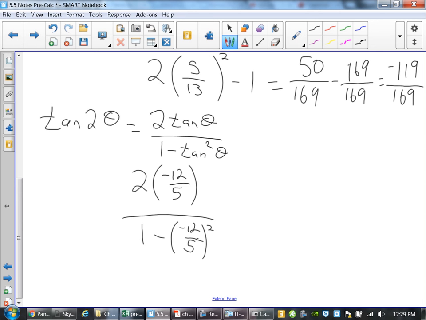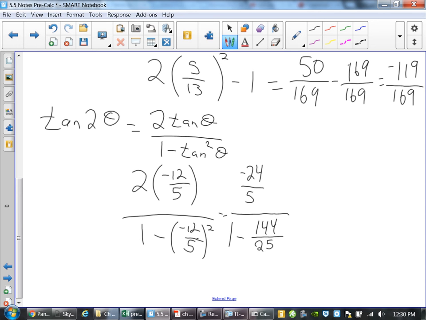All right, that's one way of doing it. So the numerator here, I'm going to get negative 24 over 5. Down here, I'm going to have 1 minus 144 over 25. 1 as a common denominator would be 25 over 25.